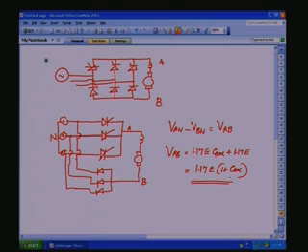Now, in the previous slide, we showed that for a 3-phase fully controlled converter, output ripple is 6 times the fundamental frequency. But let us see what will be the type of ripple for this thyristor diode configuration.